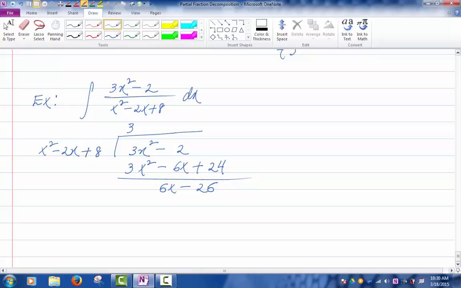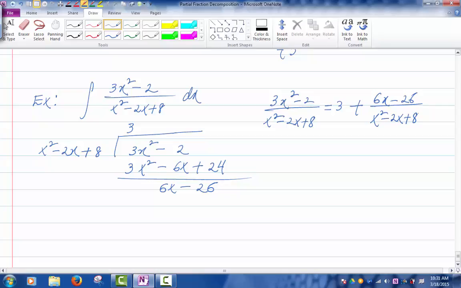And then let's go back. So then what can I say? I could say that 3x squared minus 2 over x squared minus 2x plus 8, that integrand, is the same as 3, that's the quotient, plus the remainder divided by the divisor, x squared minus 2x plus 8.